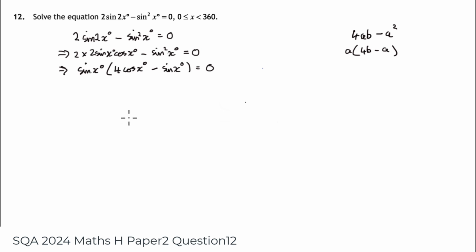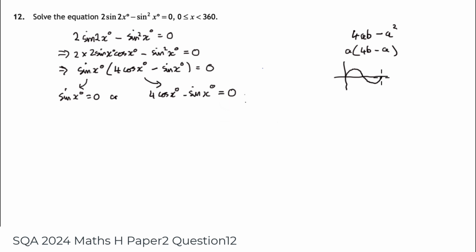Now, a couple of factors multiplying to give you 0 would imply that either sine x equals 0, that's one possibility, or this term, 4 cos x minus sine x, is equal to 0. Now, from the case of sine x equals 0, remember the sine graph starts off at 0, up to 1, back down to 0, to negative 1, back up to 0. So when is sine x equal to 0?